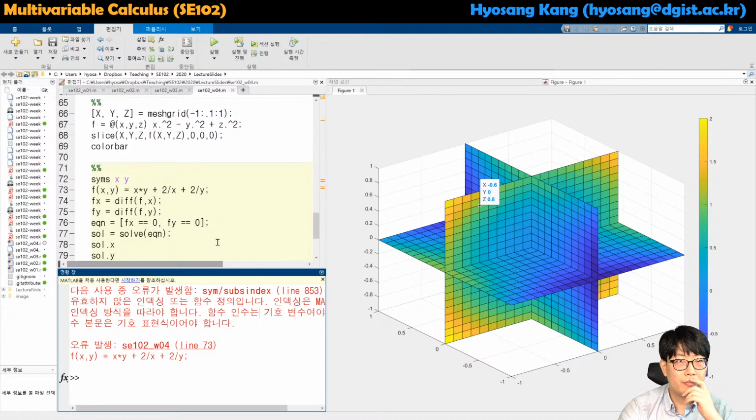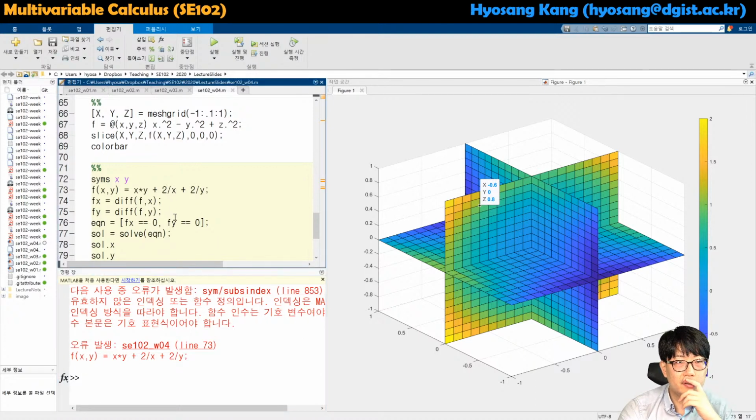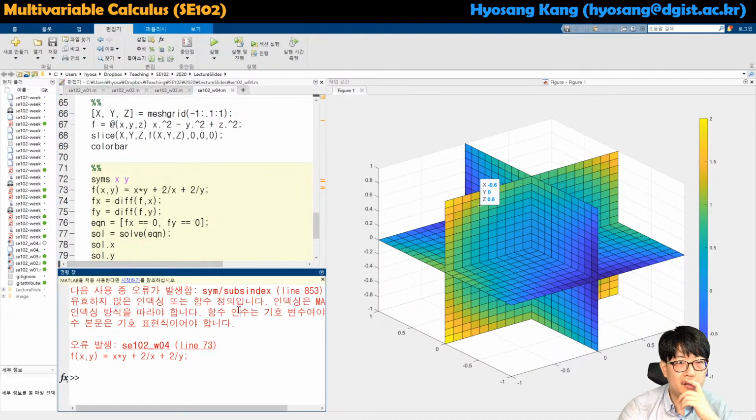What's wrong here? 2 over x plus 2 over y, same as f of x y.